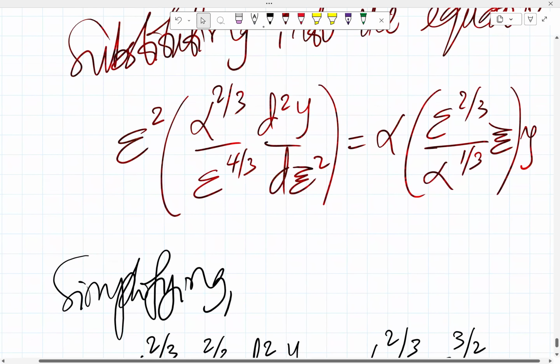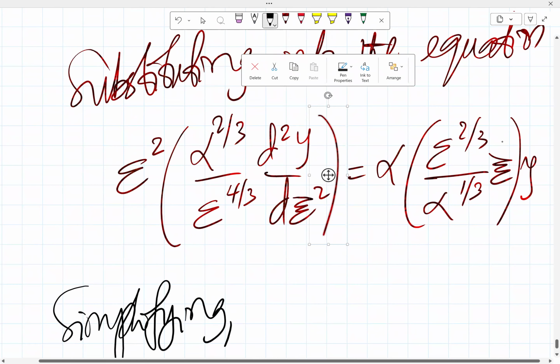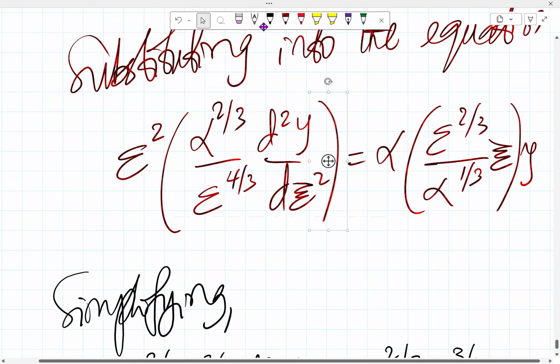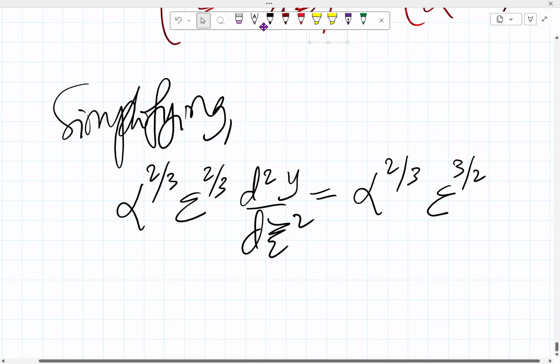There is epsilon raised by 2 over 3 here. If we bring this over there, that's epsilon raised by 3 over 2.